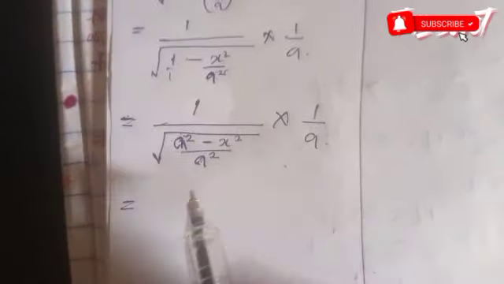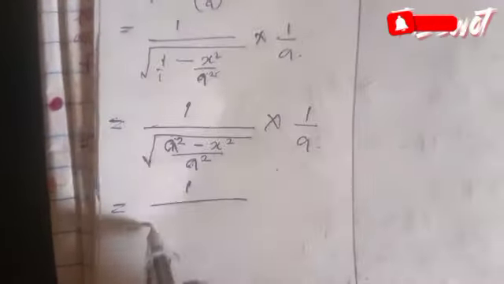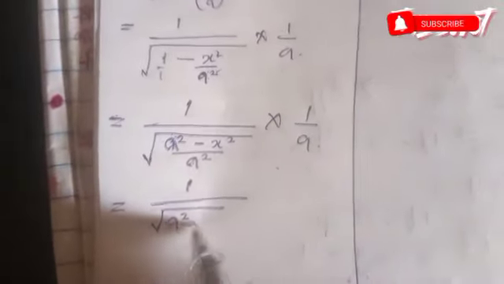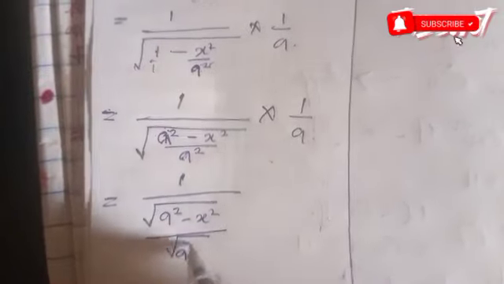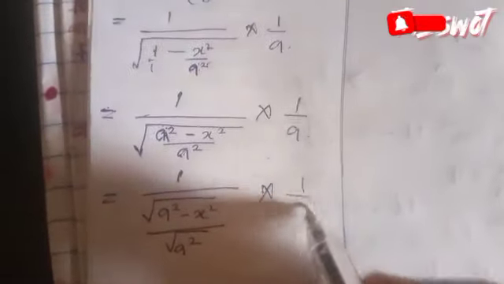Are we getting it? Times 1 over a. Are we together? So going further, we have it to be the square root of a squared minus x squared all over the square root of a squared times 1 over a.